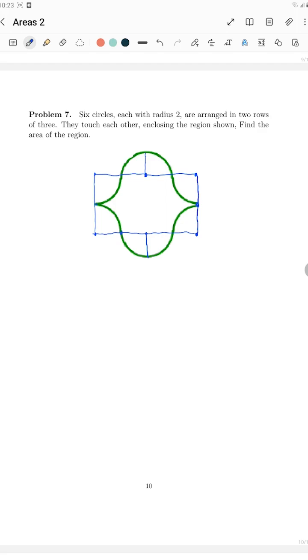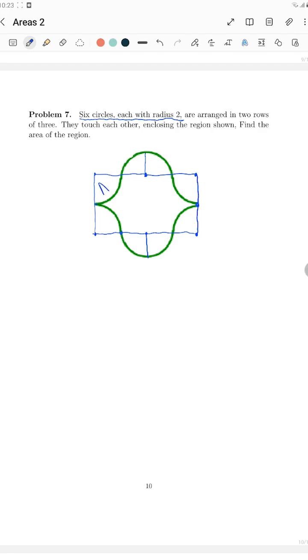Now it's important that you read the question. 6 circles each have radius 2. So you can clearly see we have 1, 2, 3, 4, 5, 6 circles. They each have radius 2. Now, to make my life easy, I am going to introduce variables.